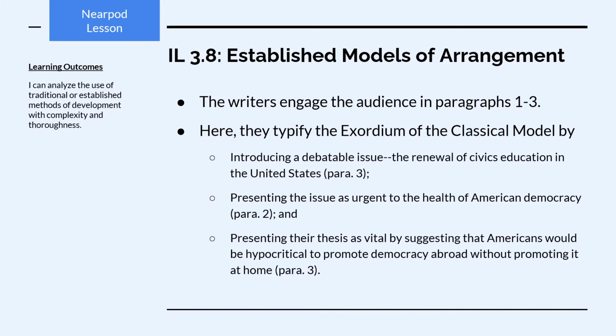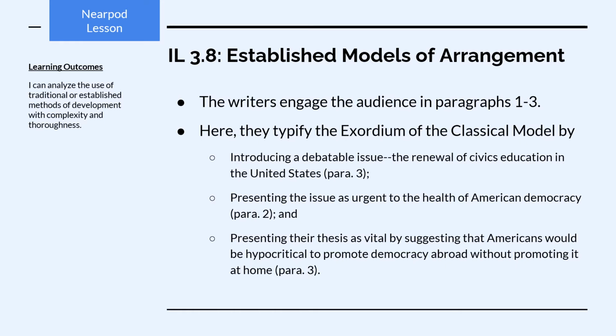All right, question one asked about the first of the five stages. The writers here engage the audience in paragraphs 1, 2, and 3, and they typify this exordium part of the classical model by doing a few things. They introduce a debatable issue, the renewal of civics education in the United States.